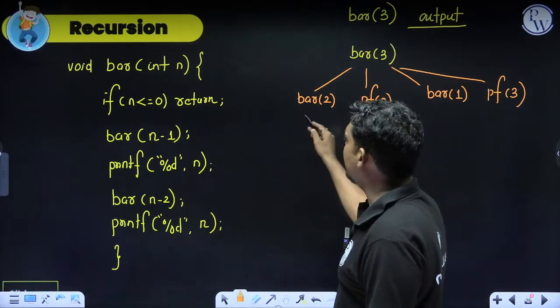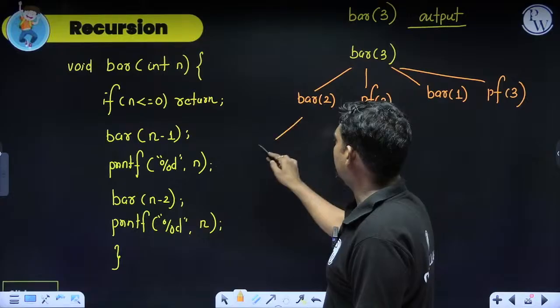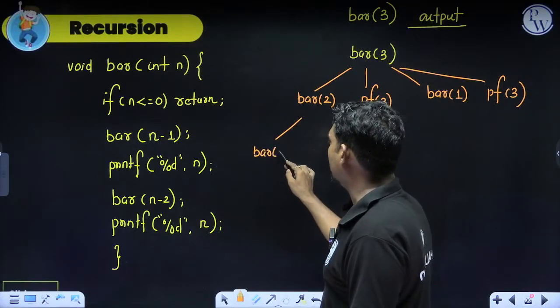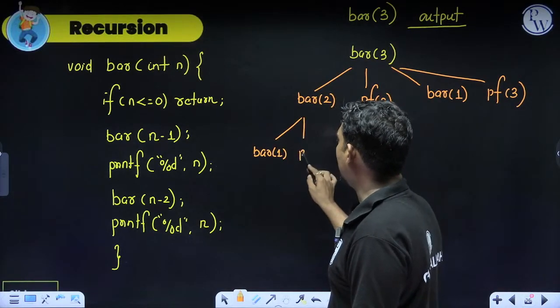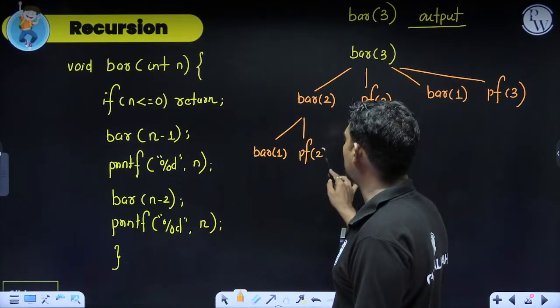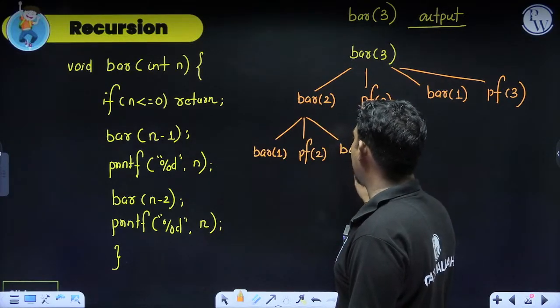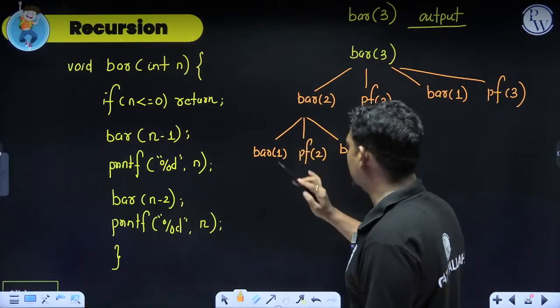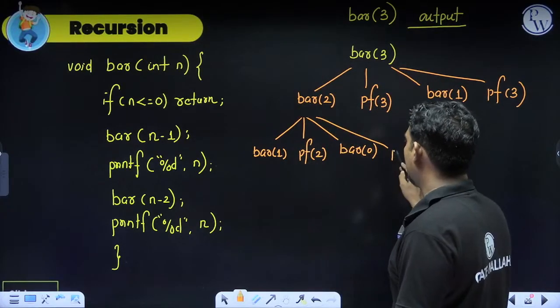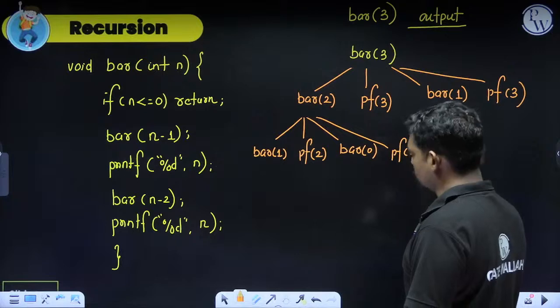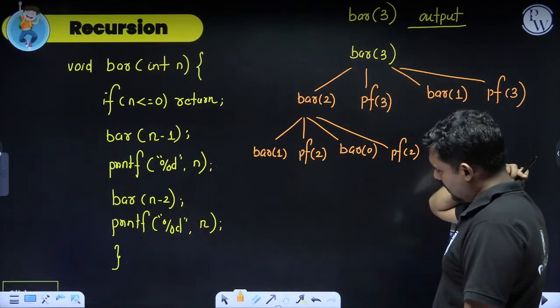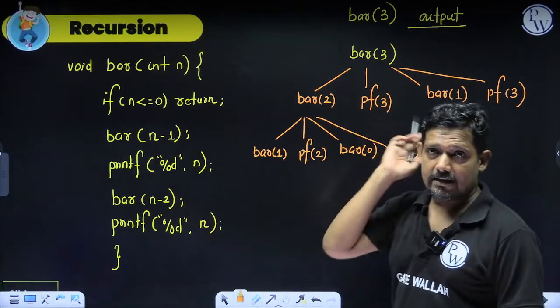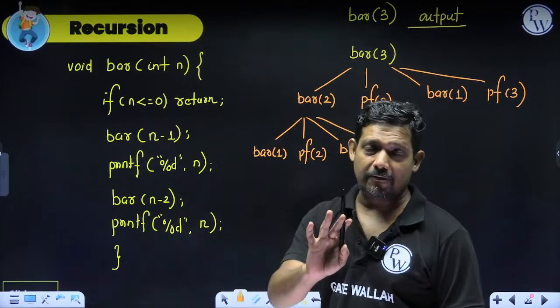Now let's expand this bar 2. It will be bar 1, and printf will, in this case, be 2. And now it will be bar 0, and it will return. It will not go further. And printf will again be 2. Tell me if I am wrong.